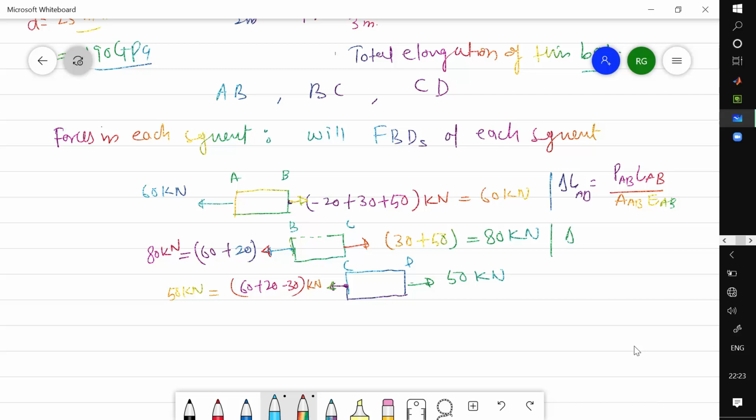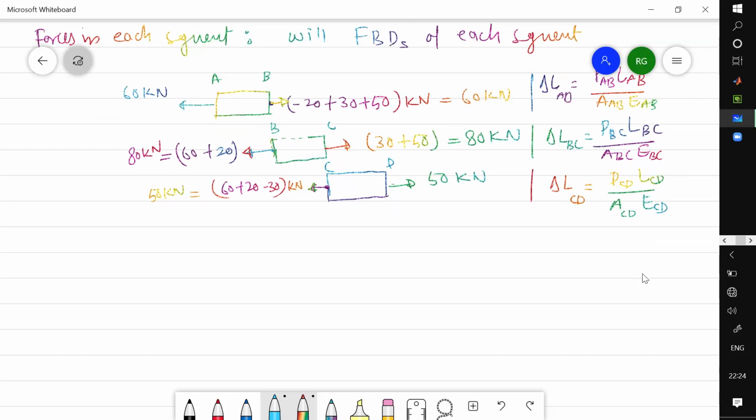Similarly, delta L of BC is P BC L BC over the cross sectional area of BC and Young's modulus of BC. And similarly, delta L of CD is P CD L CD over the cross sectional area of CD and Young's modulus of CD. So the total elongation delta L would be delta L of AB plus delta L of BC plus delta L of CD.